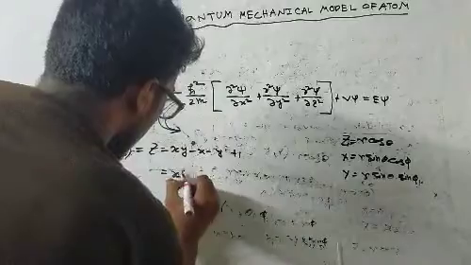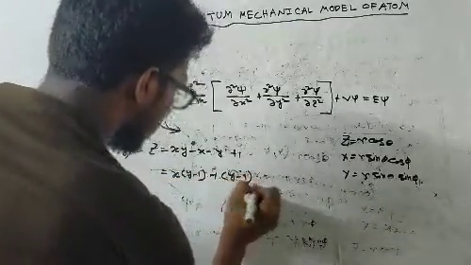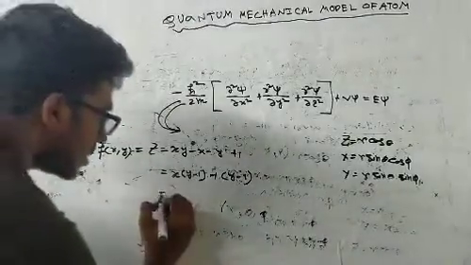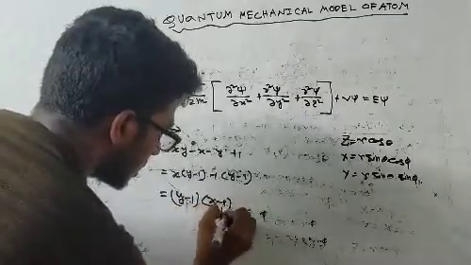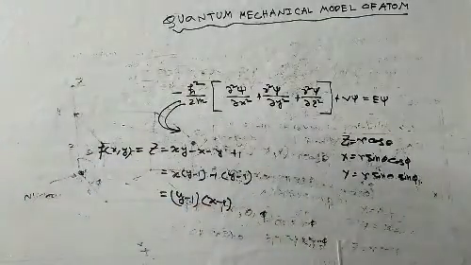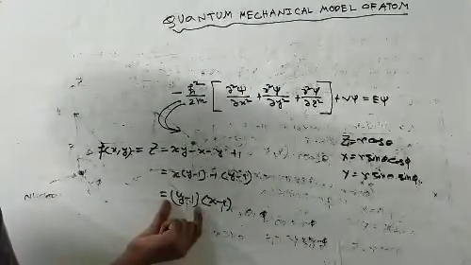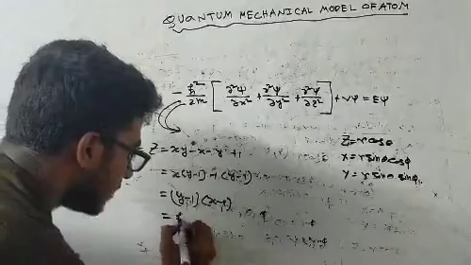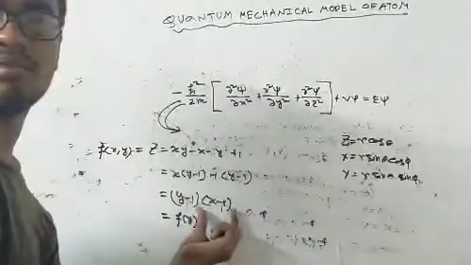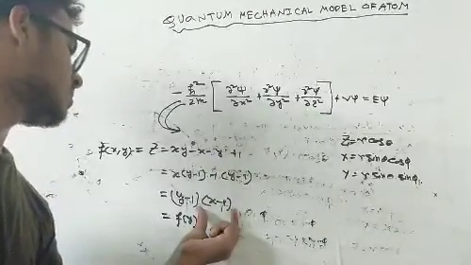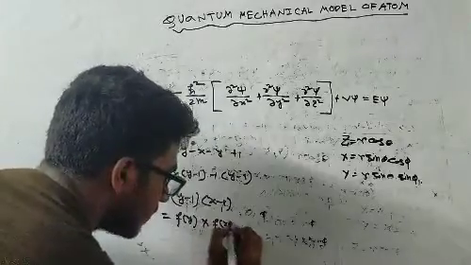So this should be y minus 1 minus 1, and if I take y minus 1 common, this is x minus 1. Now look at this equation: the term y minus 1 only depends on y, so I can write this is f of y. Now this term fully depends on x, so I can write this is f of x.